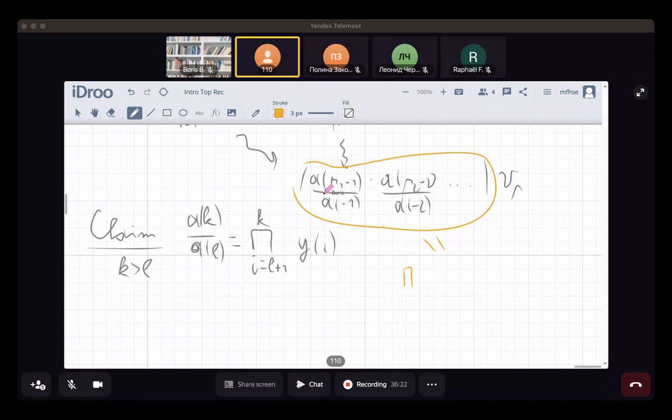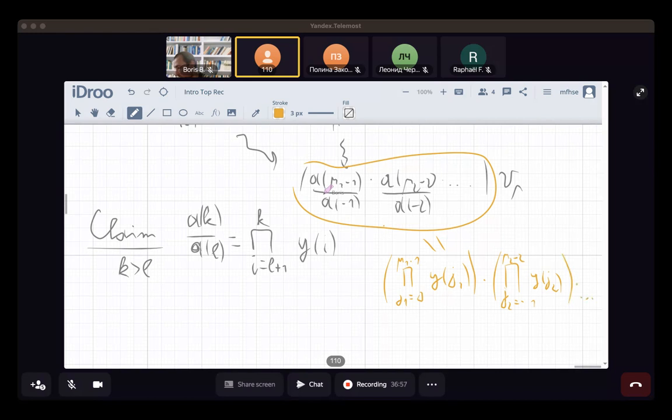Let's take the product over J1 from 0 to mu1 minus 1, y of J1, times the product over J2 from minus 1 to mu2 minus 2, y of J2, and so on.